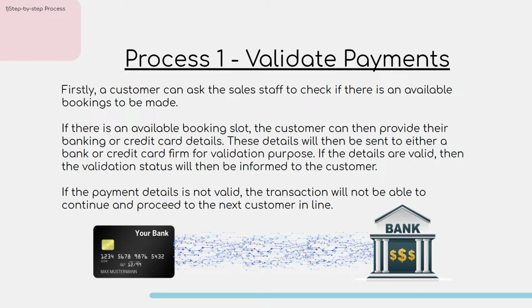These details will then be sent to either a bank or credit card firm for validation. If the details are valid, the validation status will be informed to the customer. If the payment details are not valid, the transaction will not be able to continue and proceeds to the next customer in line.